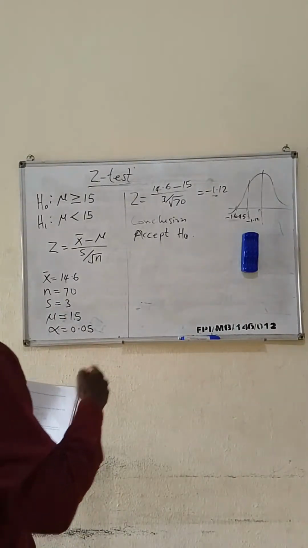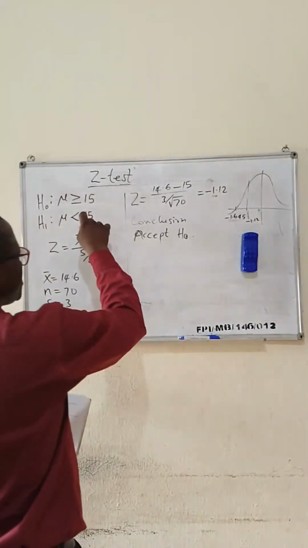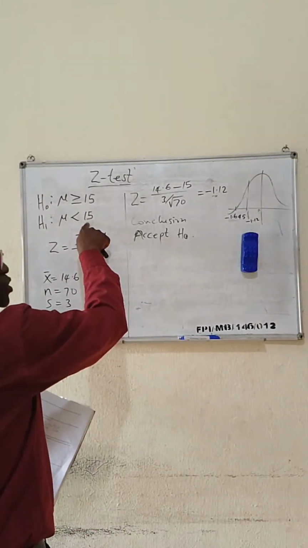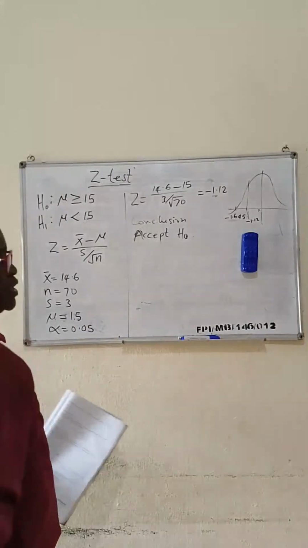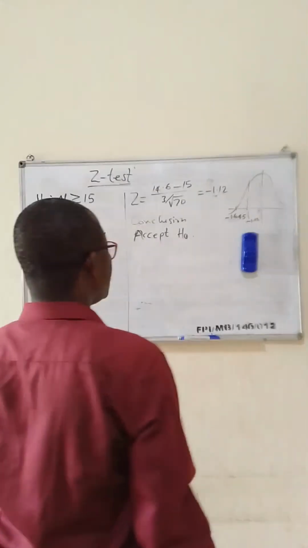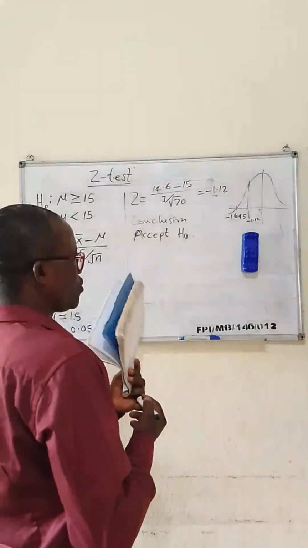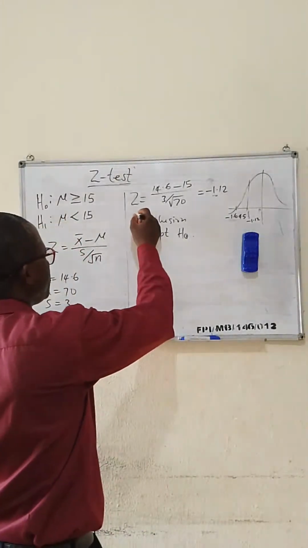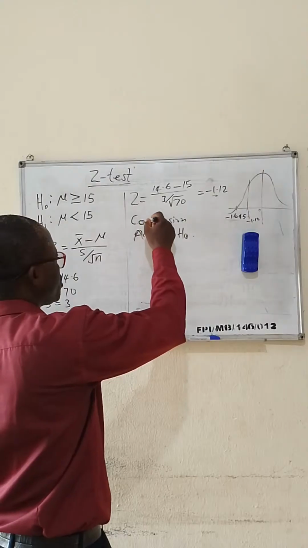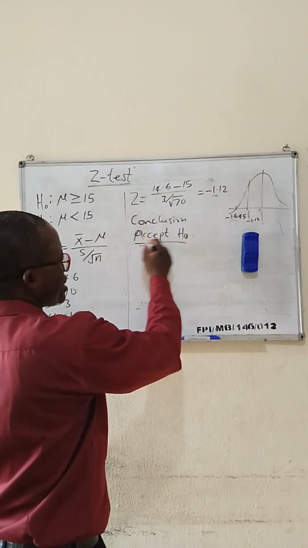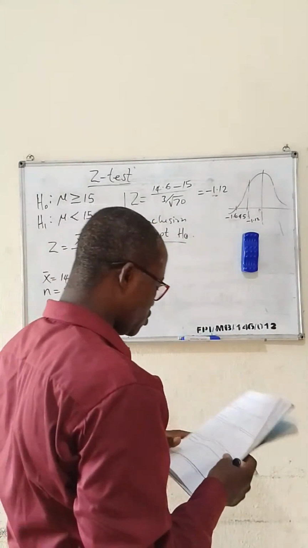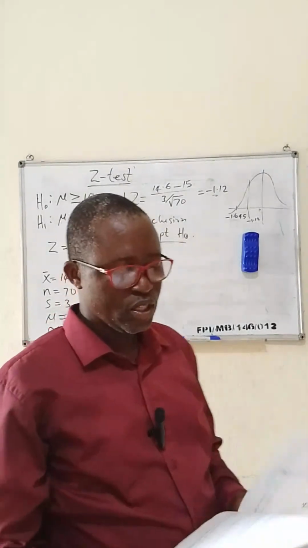The new therapy does not reduce the recovery time below 15 days. The 15 days will still be needed for a patient to recover. So we cannot reject H naught. If you follow from your own handout, that's what we have.